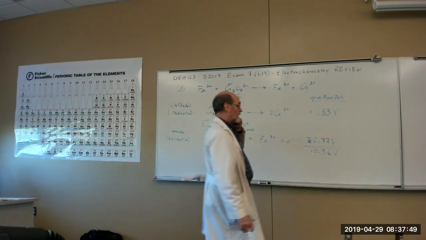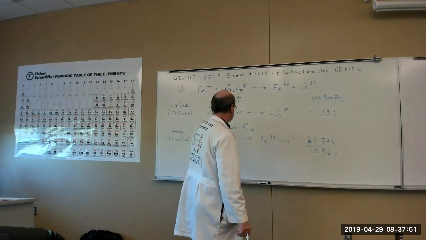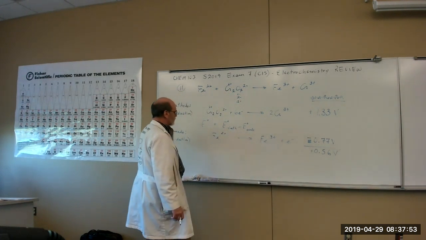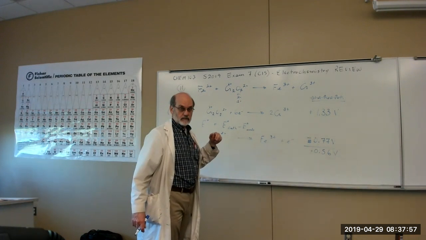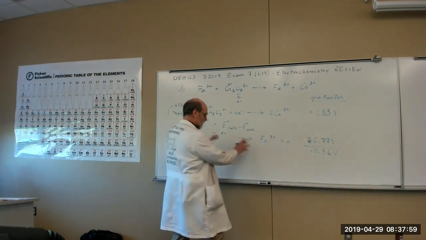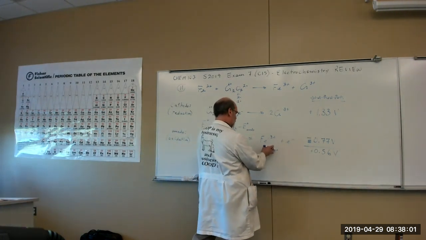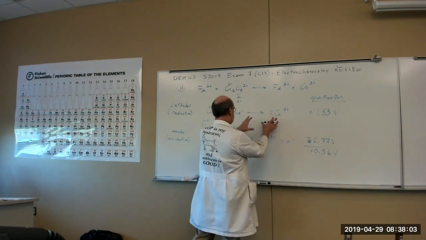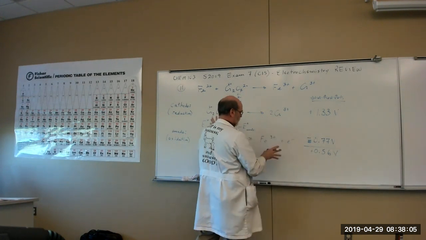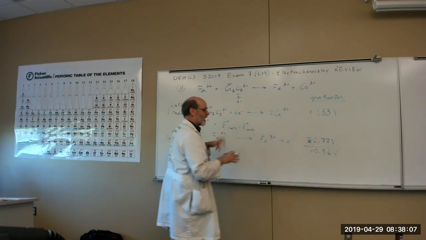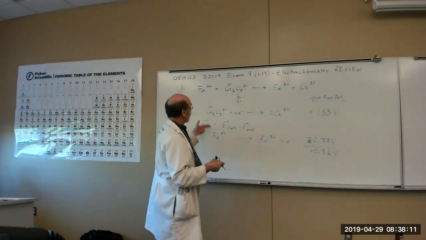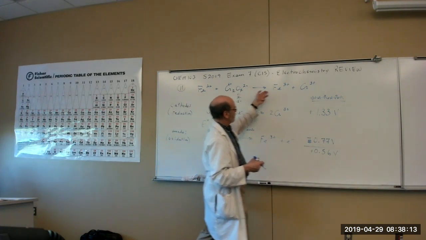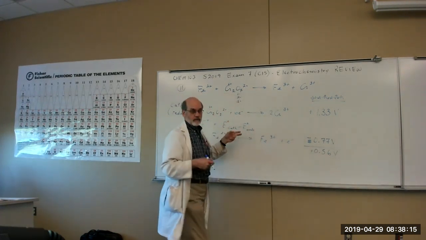For example, if we had two reactions and we weren't told which one was the cathode and which one was the anode, right? If we were given this reaction as plus 0.77 and this one as 1.33, then how do you decide which one's the cathode and which one's the anode? Because you're not given the reaction to go from.